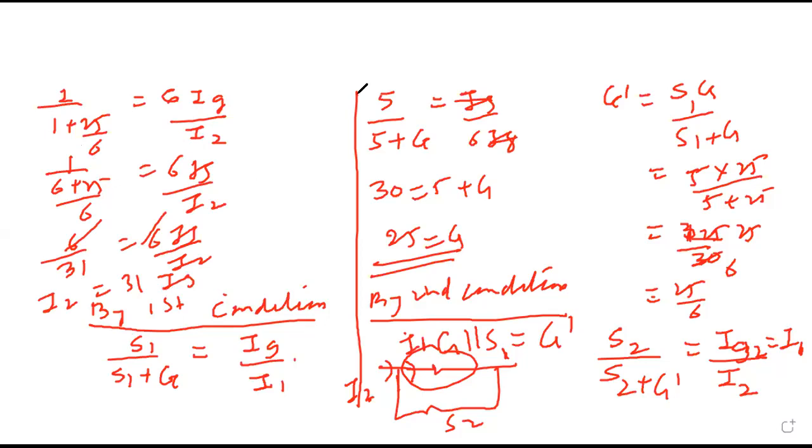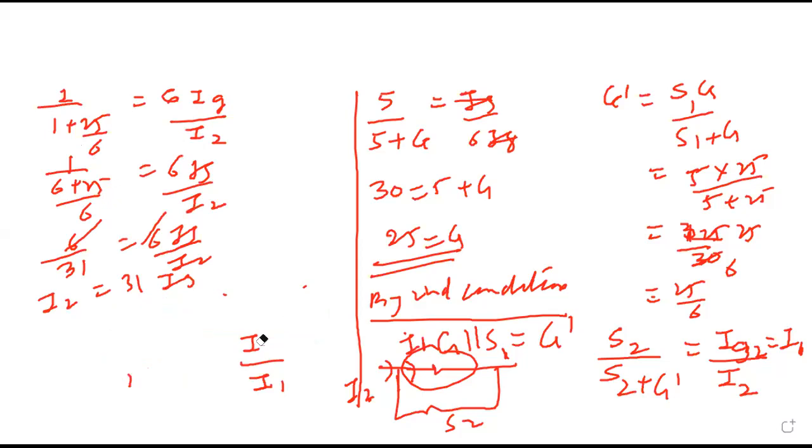The new current is 31 times the original full scale deflection current. Therefore, deflection reduces by 1 by 31. This is option C.